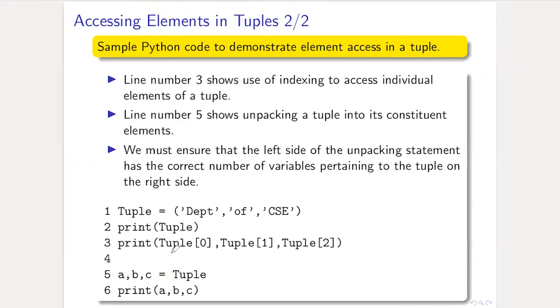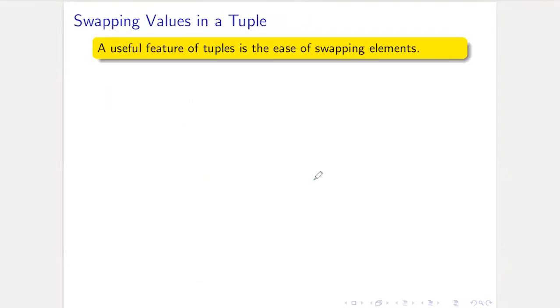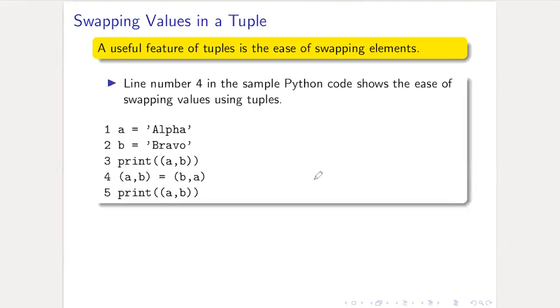So A will be tuple 0, B will be tuple index 1, C will be tuple index 2, and if I print, I will get the correct value assignment. To do this, of course, you must make sure that the unpacking can be done correctly with the left hand side having the correct number of variables. Otherwise, there will be an error. Another very useful feature of a tuple is that you can do swapping of elements quite easily, especially because of this unpacking.